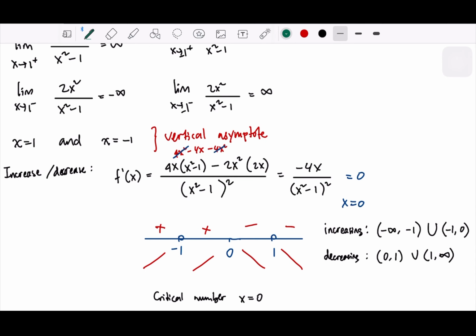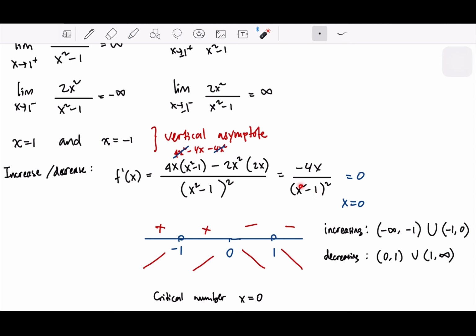We assume that it's going to be equal to 0 to make our critical numbers, and from this equation we are going to make our line number. Okay, and we take 0 because it's our critical number, from 4x. The most logical sense is x equal to 0, and for x squared minus 1 here, this will be our domain in the first derivative.